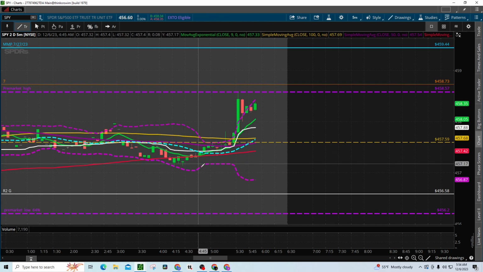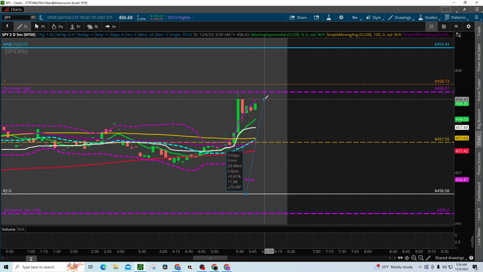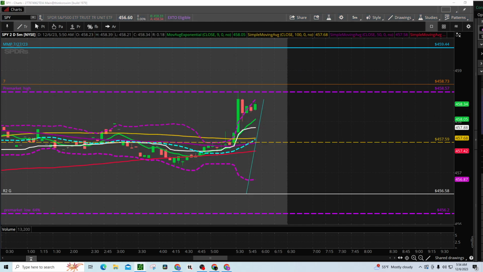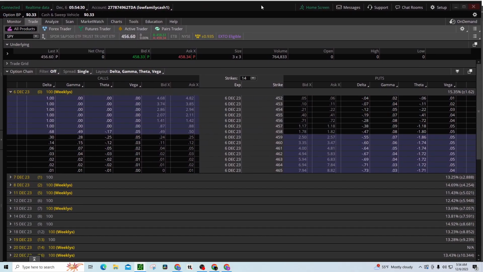So because we are gapping up, this has moved up $1.86. Okay, so when I look at that, I look at my option chain here. Today's December 6th of 2023. These are going to expire today.